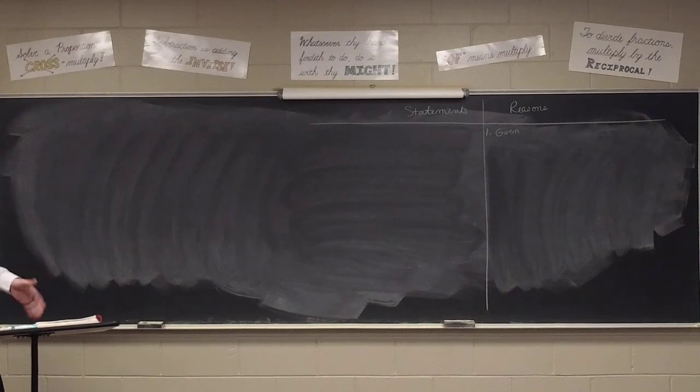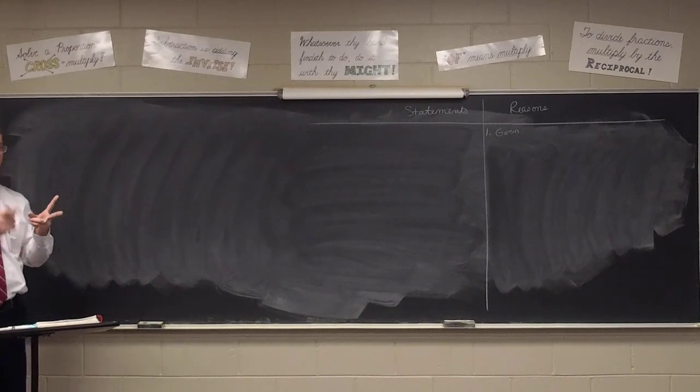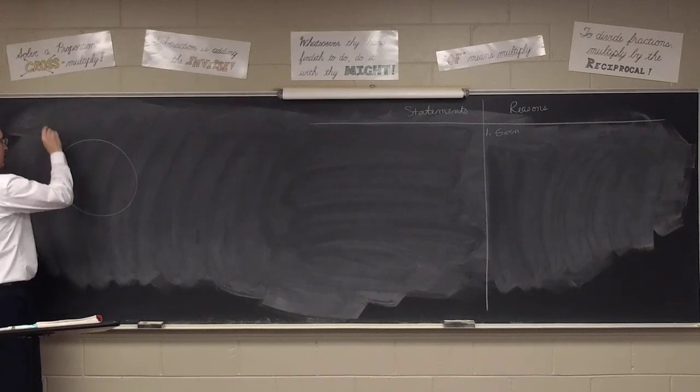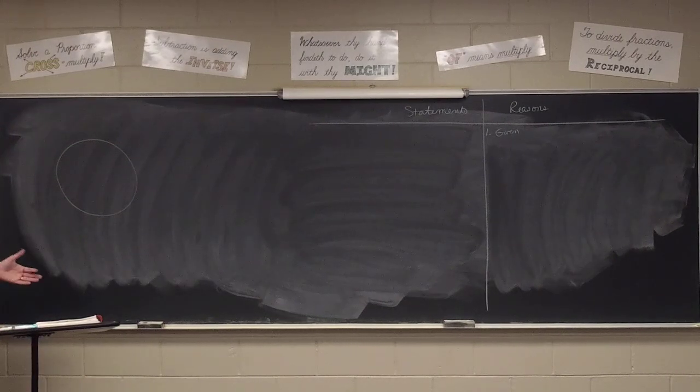All right, what do I need to draw first, class? A circle. It doesn't mention circle, but nobody uses what two key words? Chord and diameter. We obviously need a circle. Now, once we've drawn the circle, we need to draw what two lines? AB and AD.